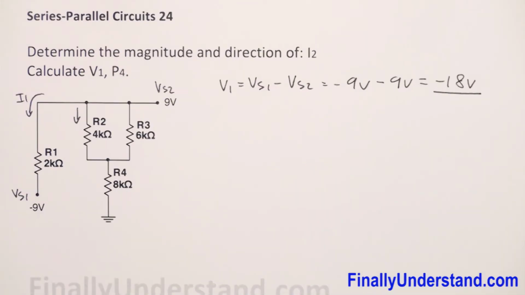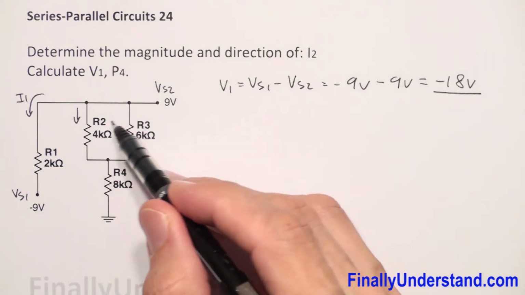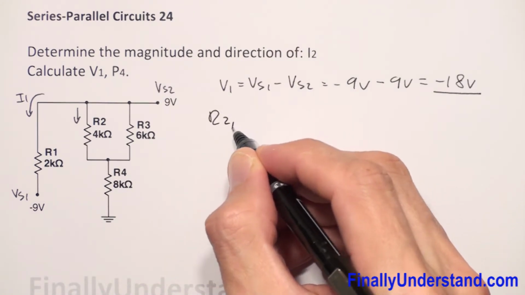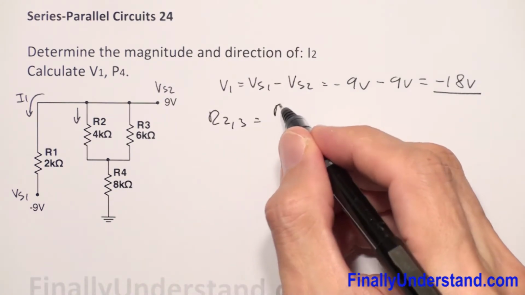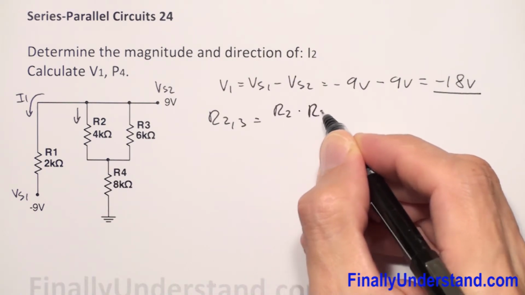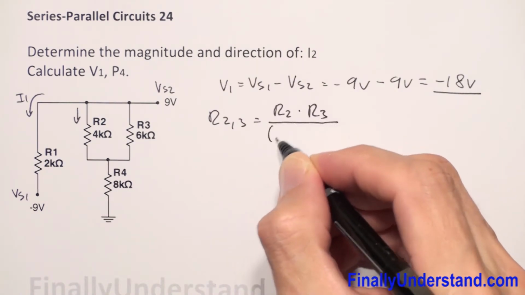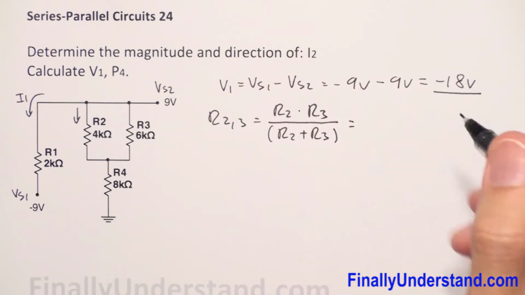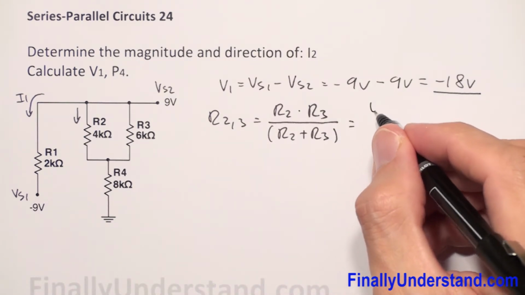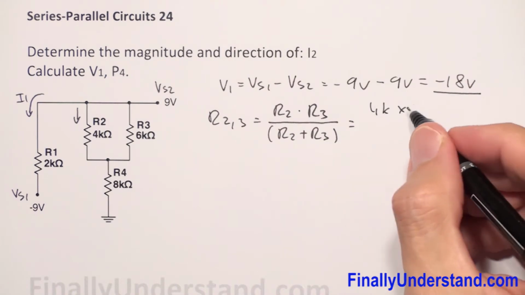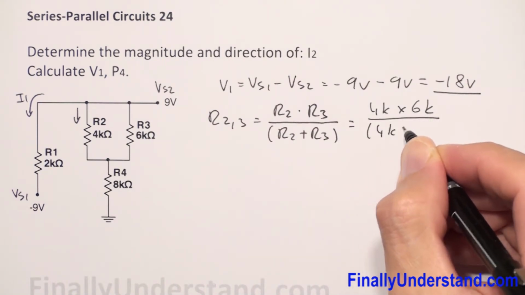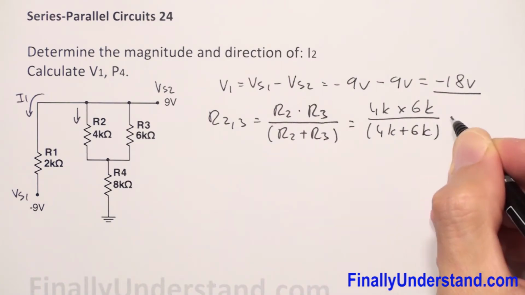So now I'm going to find the equivalent resistance for these two resistors. So I have R23 equal to R2 times R3 over R2 plus R3. This is equal to 4K times 6K over 4K plus 6K.